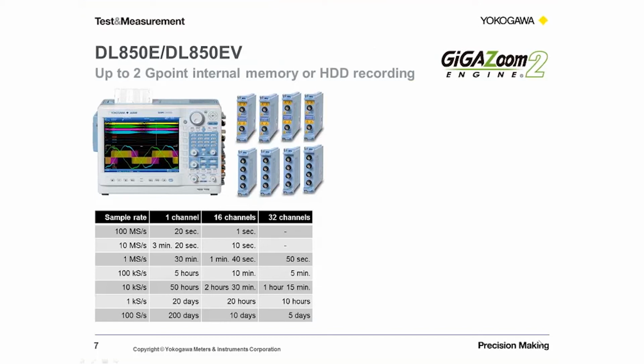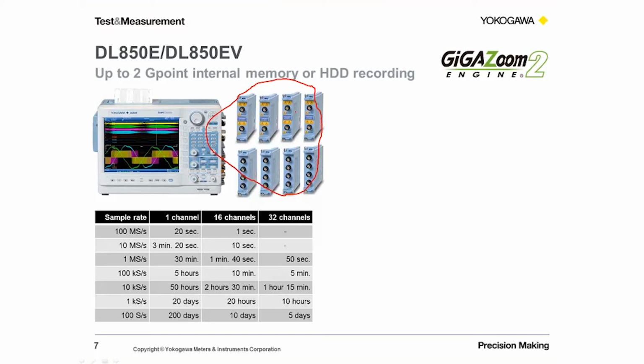You can see here that we have 8 modules. That is the capability of the DL850: we can install 8 different modules within the unit. These are 2-channel modules, and here we have 4-channel modules.